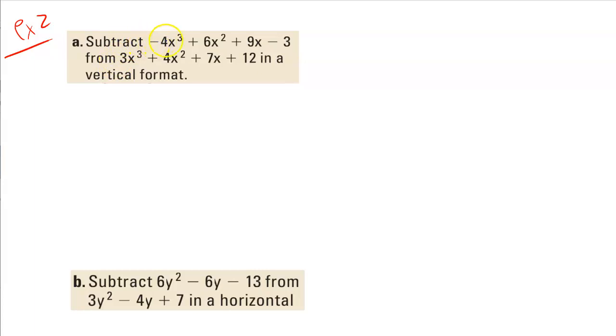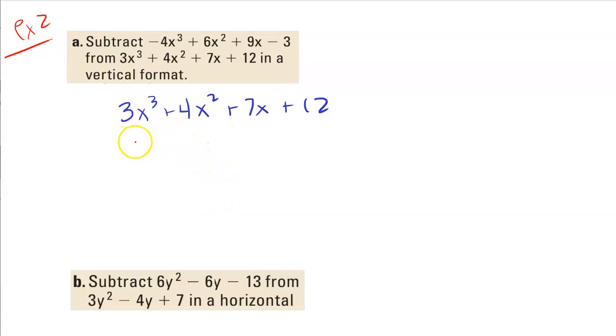So we want to subtract the first from this 3x cubed. So I'm going to write 3x cubed plus 4x squared plus 7x plus 12. And my second polynomial, or my first one that's written up here, I'm going to subtract this from this 3x cubed polynomial.